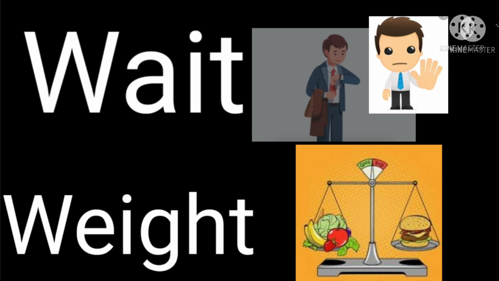And if I say what is the weight of this bag of cement, W-E-I-G-H-T talks about weight, the mass of something. And W-A-I-T talks about waiting for someone, that is about time.